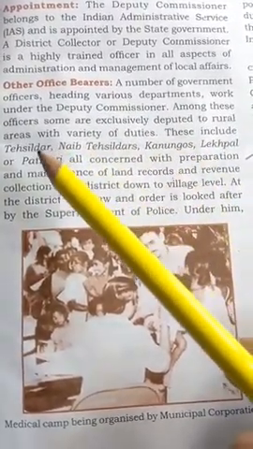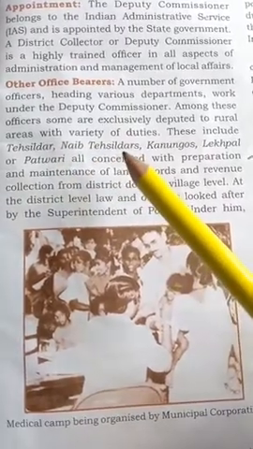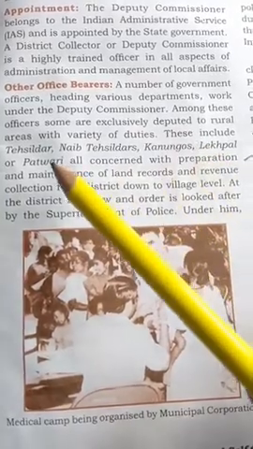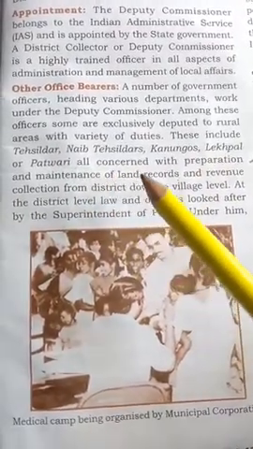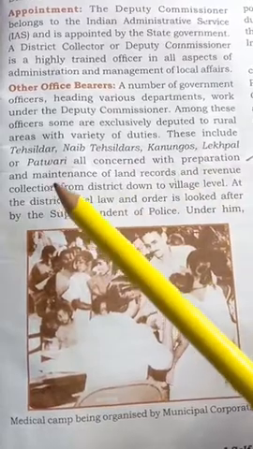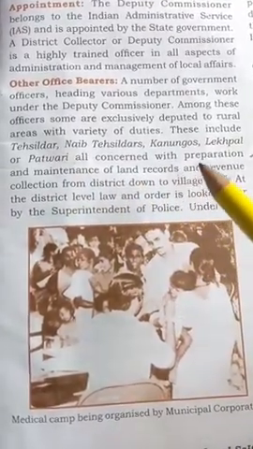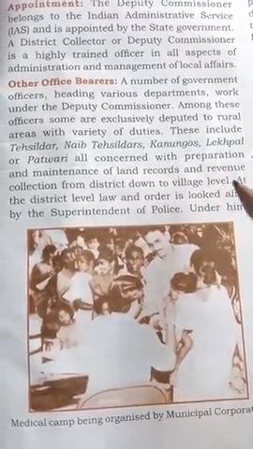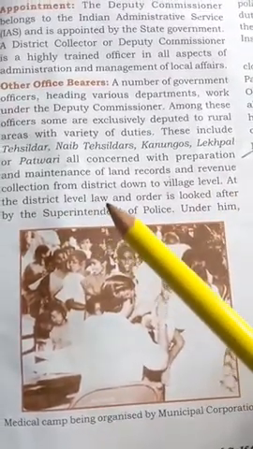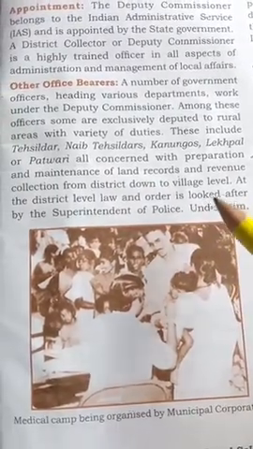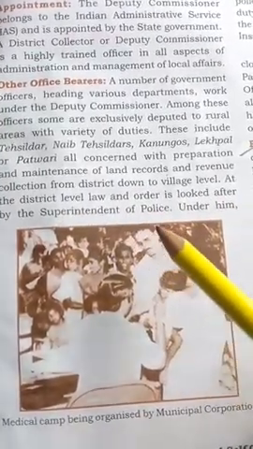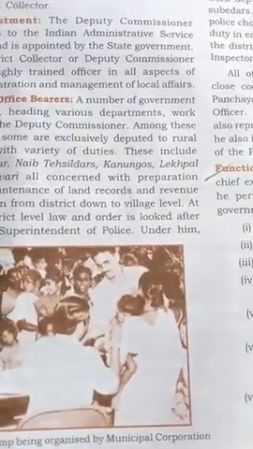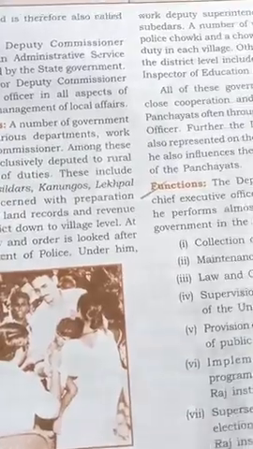These include Tahsildar, Nayab Tahsildar, then Kanungos and Patwaris, all concerned with preparation and maintenance of land records and revenue collection from the district down to the village level. At the district level, law and order is looked after by the superintendent of police, which we call SP.